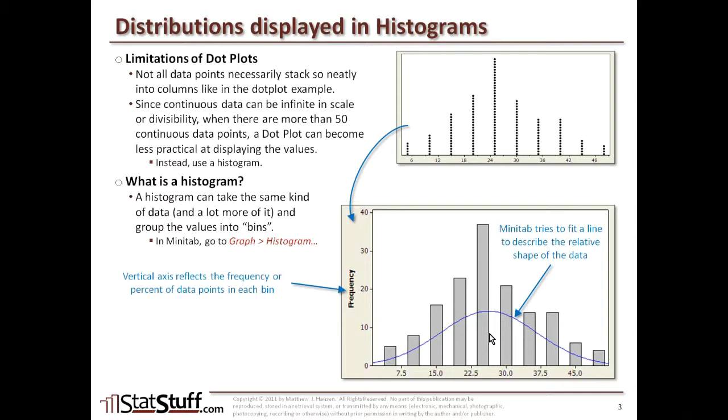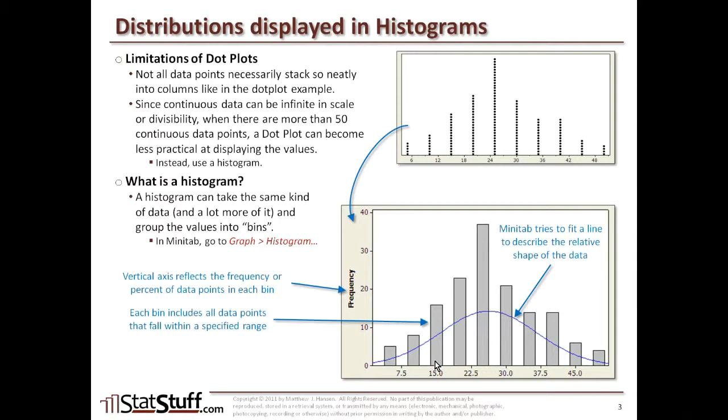It shows how the frequency or the proportions are distributed across the whole scale. Each of these bins will include all the data points that fall within a specified range. It's not necessarily always going to be the data points that fall exactly at this point on the scale, but they will usually be grouped together.